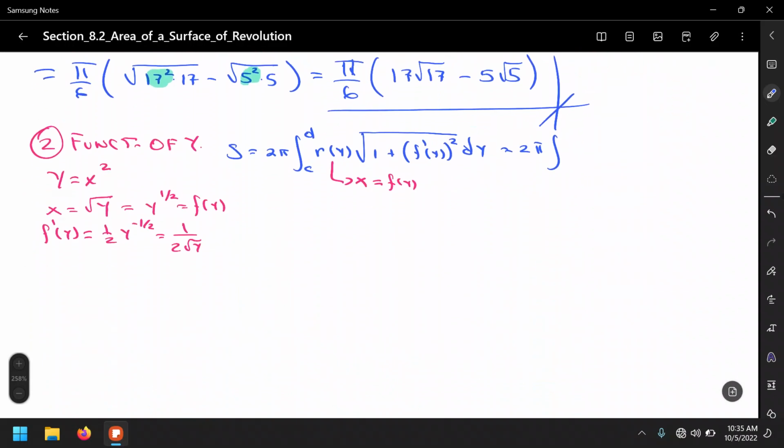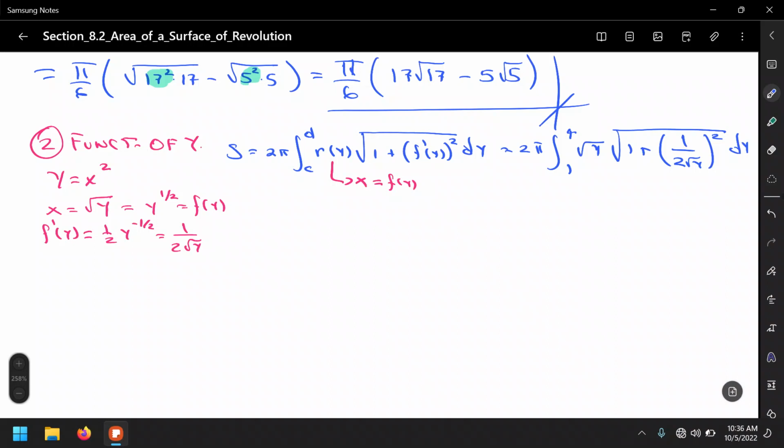All right. So the integral from 1 to 4 of r of y, which in this case is our given function, square root of y, times the square root of 1 plus the derivative of the function, 1 over 2 root of y, squared, with respect to y. Let's simplify one thing at a time.